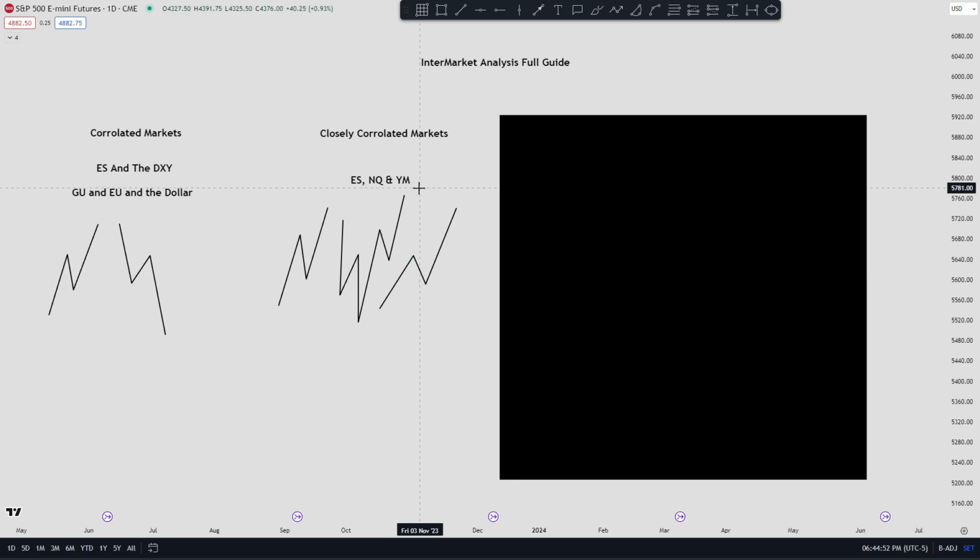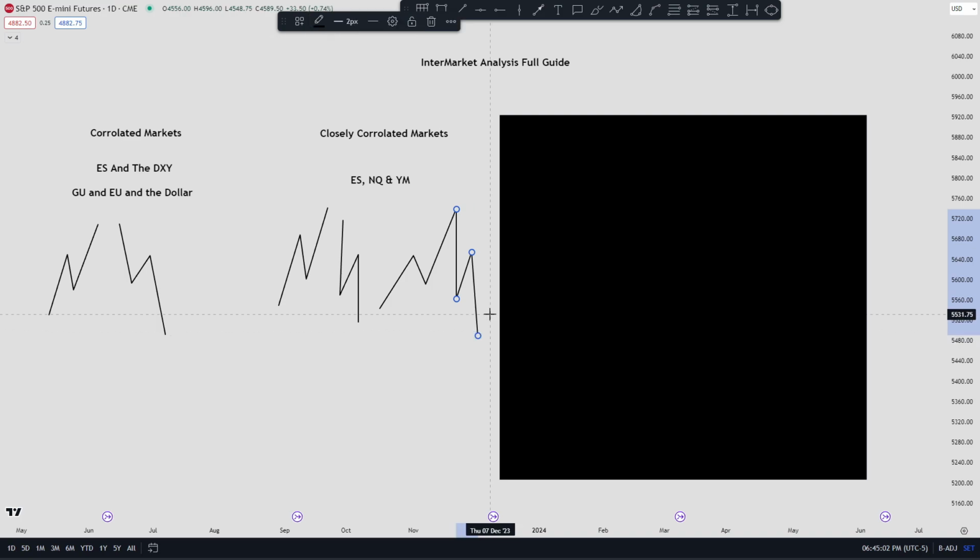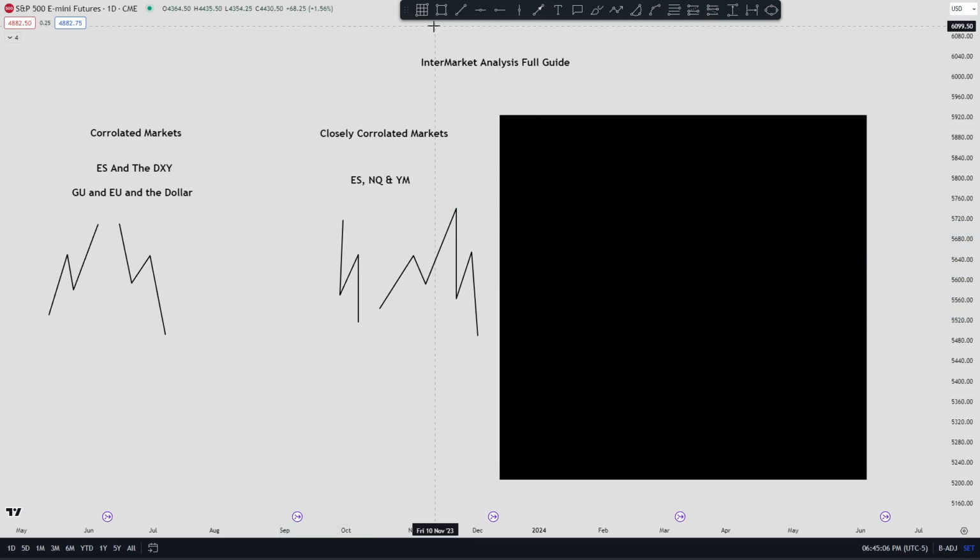Or if the Dow Jones was going higher here, only to then find a level of resistance and then start to push lower, which is actually something that happened today, and I took a trade based off today, and I'll show you guys that later.